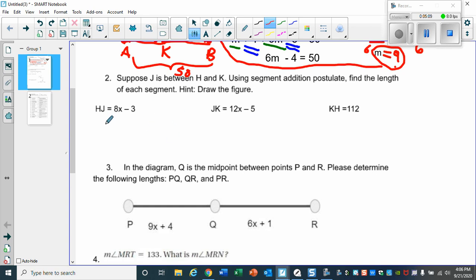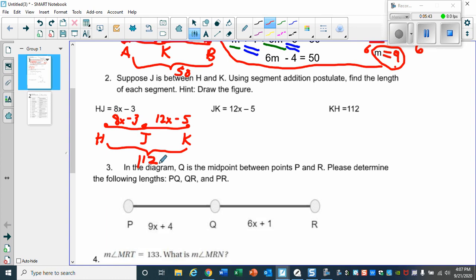Similar to before: H, J, K. Then there's 8x minus 3, 12x minus 5, and your overall total, which they give you, 112.